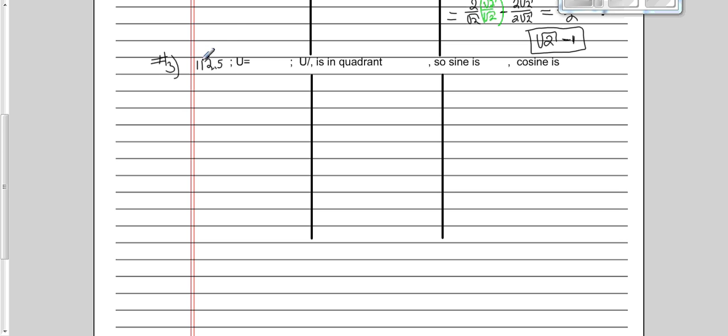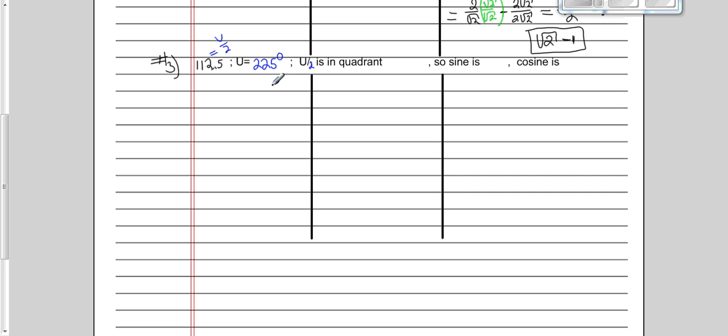Okay, this is my half angle, so this is my u over 2, so I want to know what u is. So if I times this by 2, I get 225 degrees. My u divided by 2 is in quadrant 1.